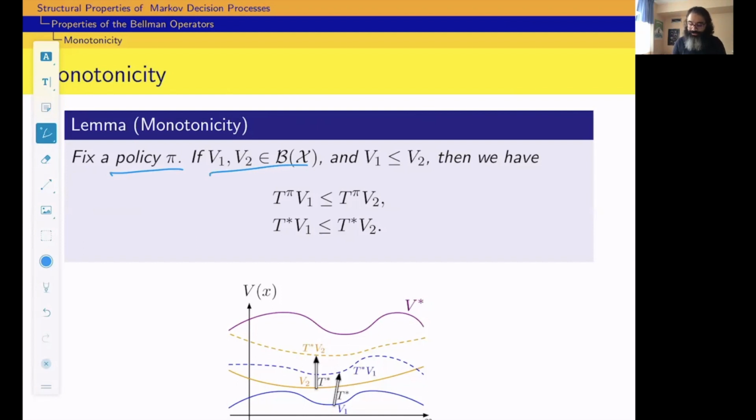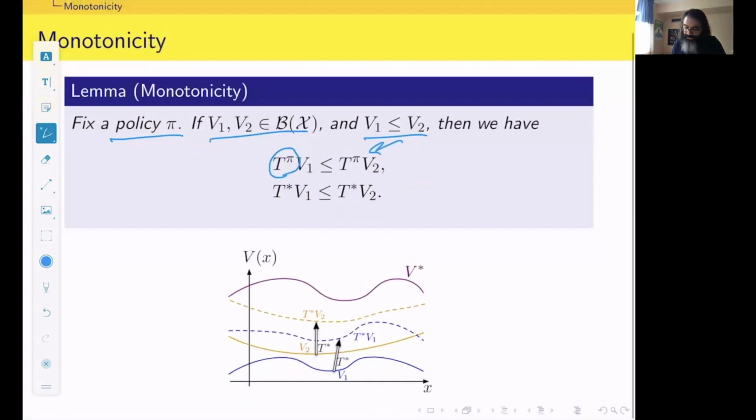Suppose that V1 is smaller than V2, and then we apply T pi to both sides. So we have T pi on the left-hand side and T pi on the right-hand side. The monotonicity property says that T pi of V1 is going to be smaller or equal to T pi of V2.